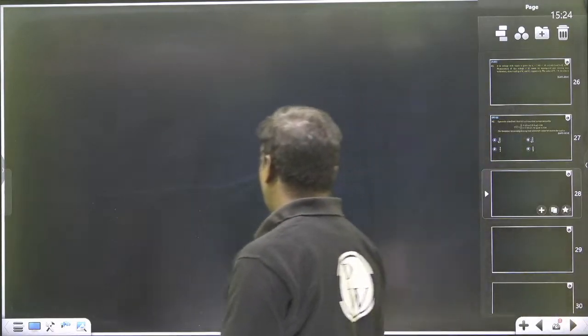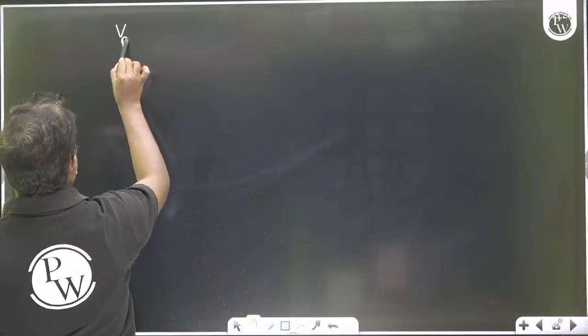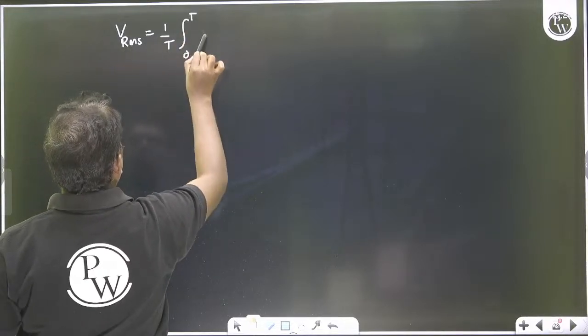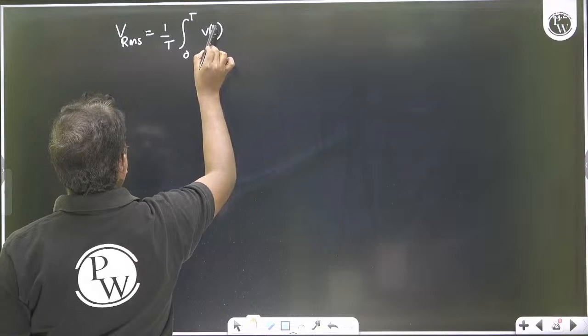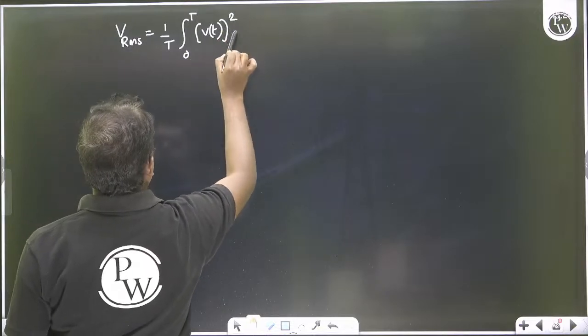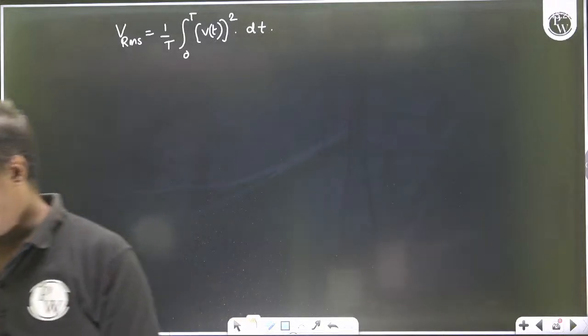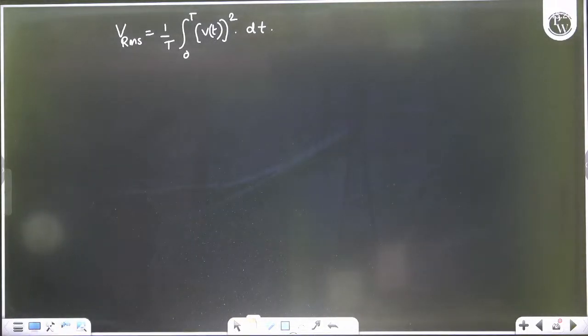So what is the VRMS? VRMS is equal to 1 by T integration of 0 to T of V of t whole square dt. Am I right? That is the function we are going to have.